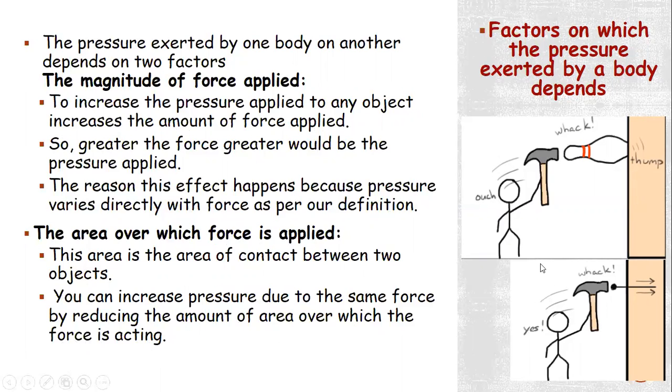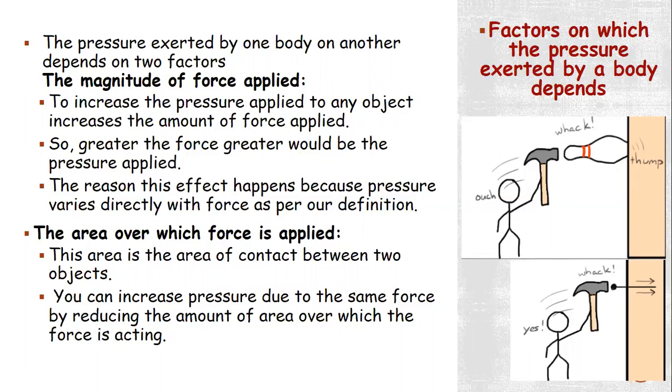You can increase the pressure due to the same force by reducing the amount of area over which the force is acting. For example, if a nail is on the wall and you hammer it from the smallest area, it easily goes into the wall.